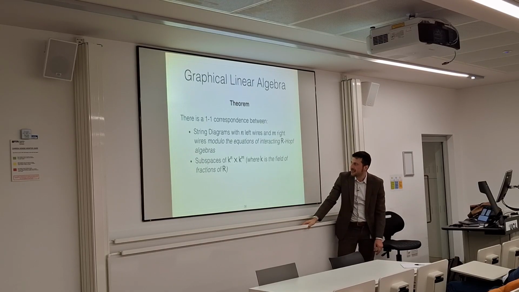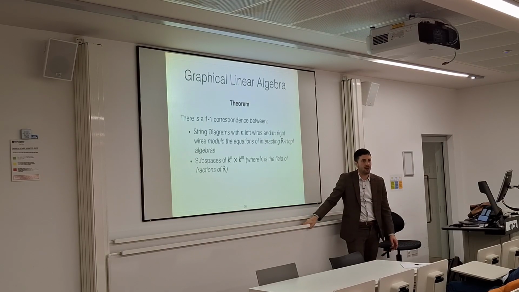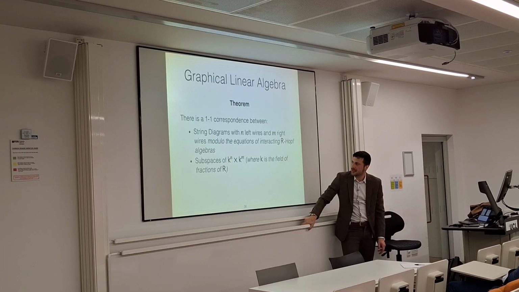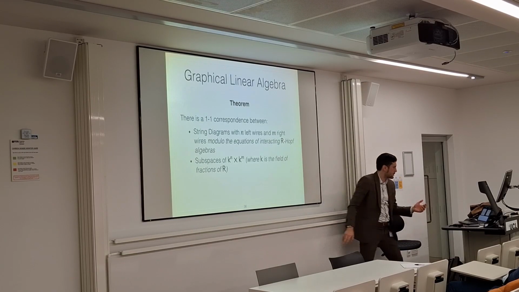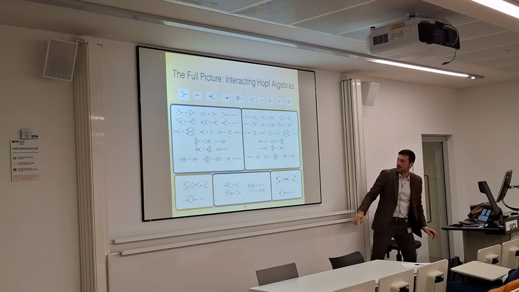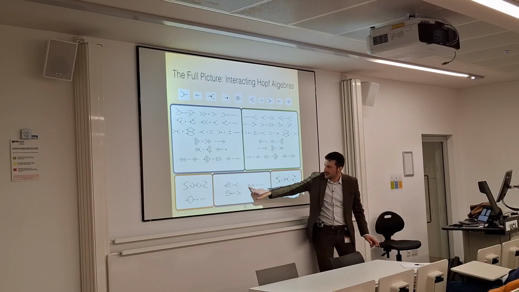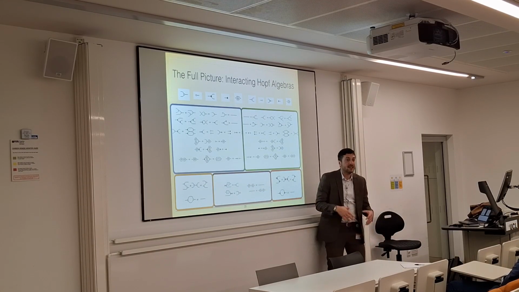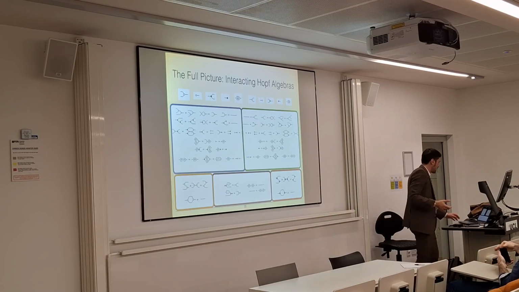And what is K? K is the field of fractions of R. Because remember, we introduced fractions in our theory, right? The moment we have scalars pointing left to right and scalars pointing right to left, it is unavoidable that we are thinking about fractions.